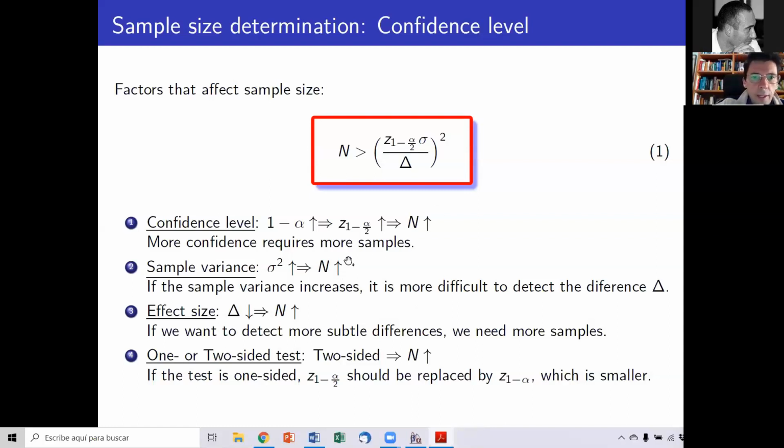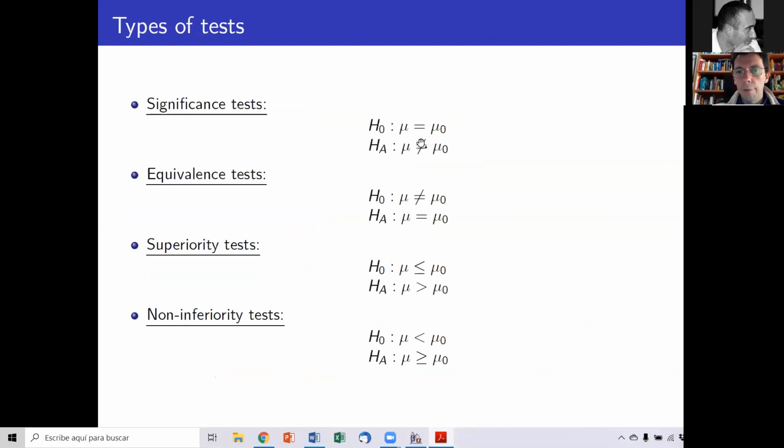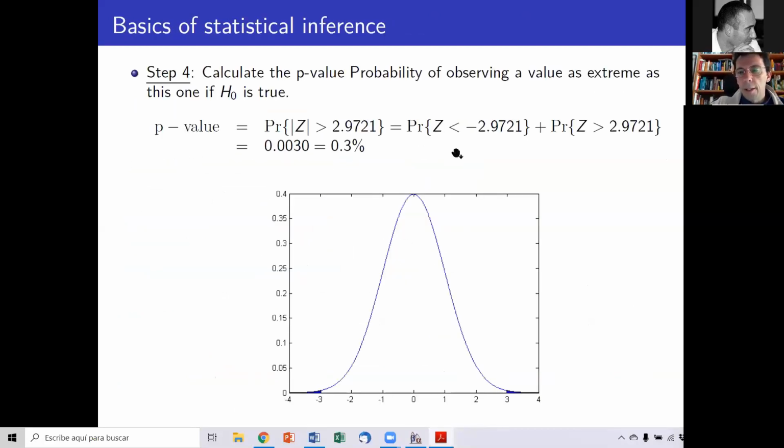And then comes a technical question again, that is whether you are using a one-tail or two-tail test. If you use a two-tail test, this number is 1 minus alpha half. Alpha half comes from the fact that, let's say that you have alpha that is 0.05.